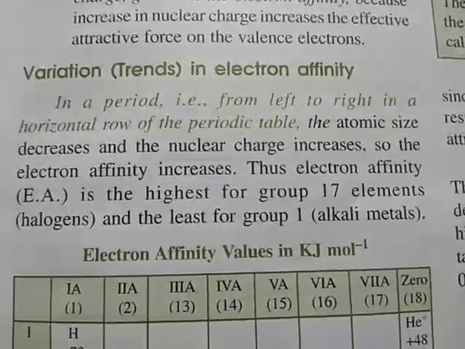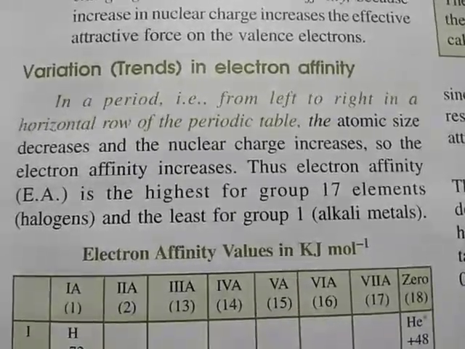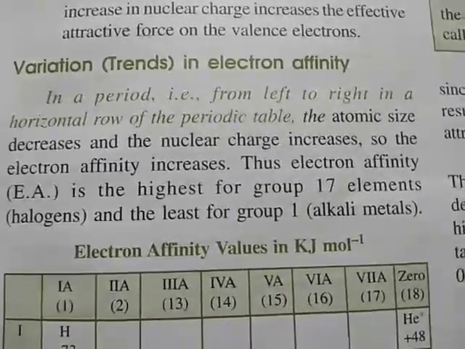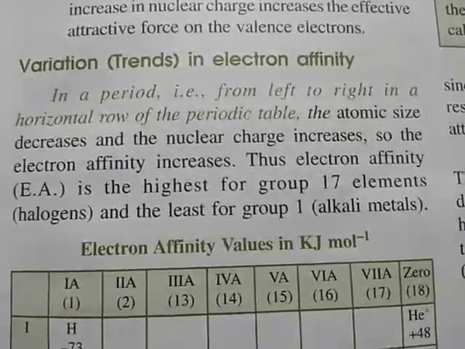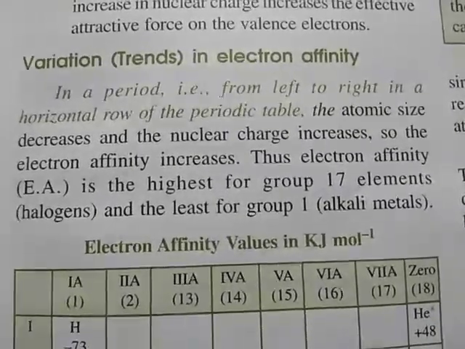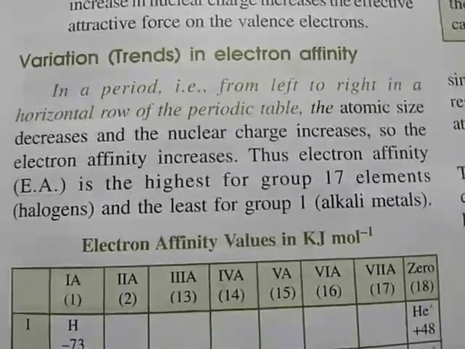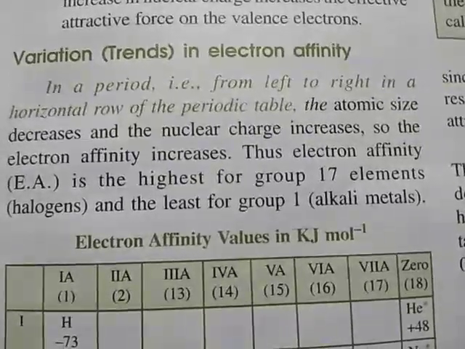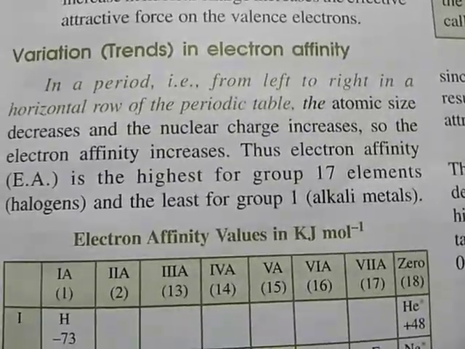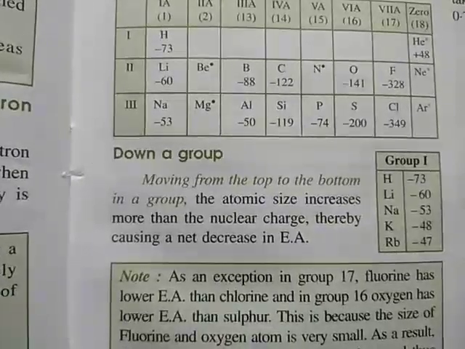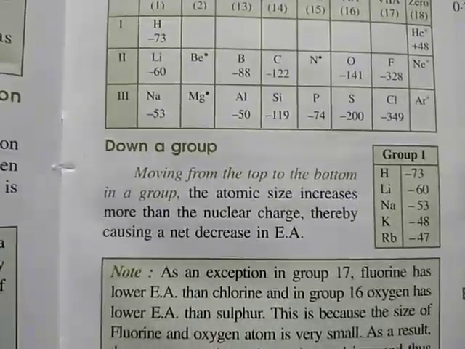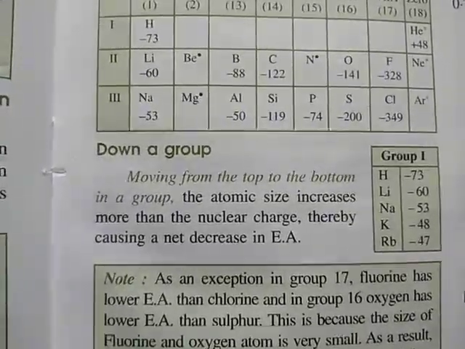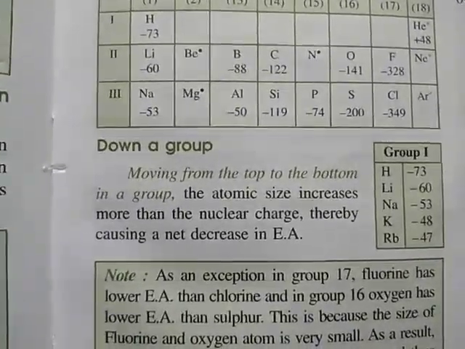How has this happiness been decided? The atom which releases extra energy is very much happy. So out of sodium and chlorine, which one is more happy? It is chlorine. So chlorine will show high electron gain enthalpy or high electron affinity. And now we know that while moving down the group, the electron affinity will decrease.